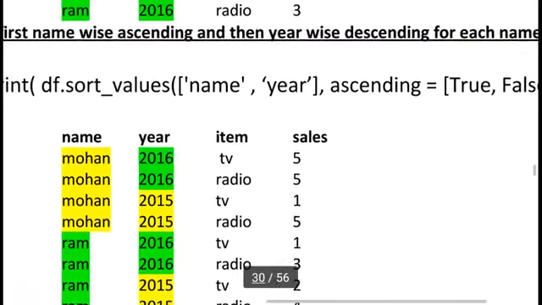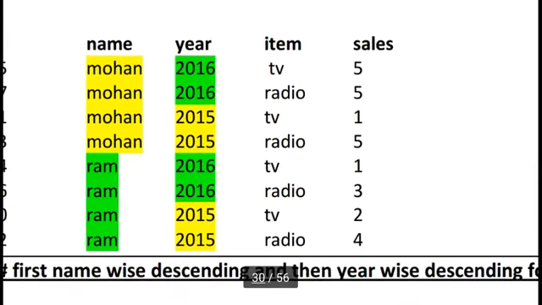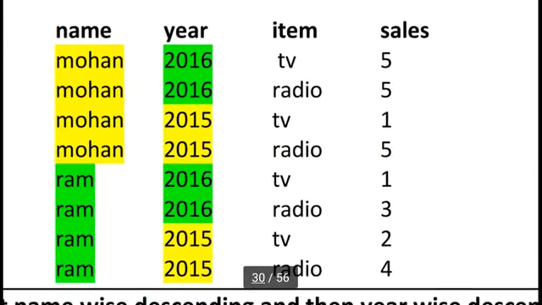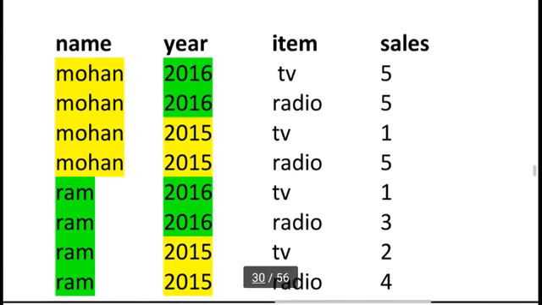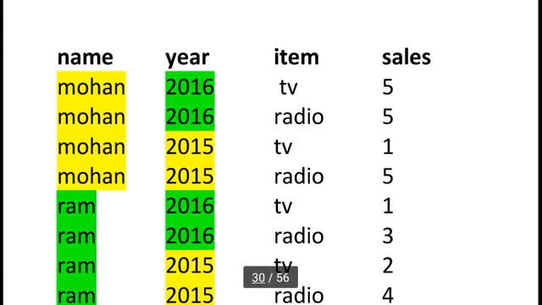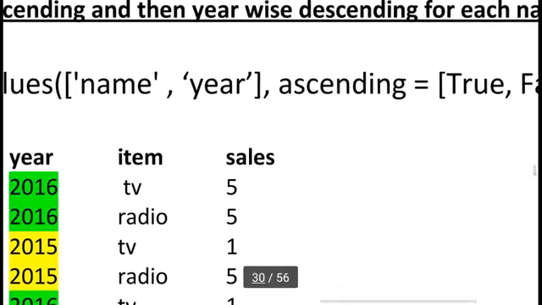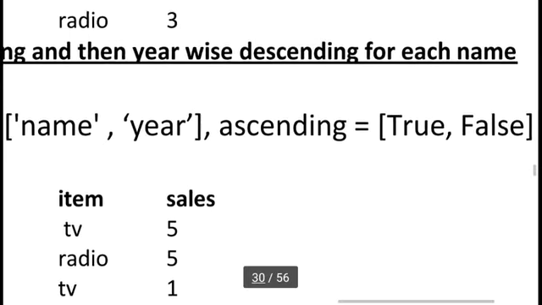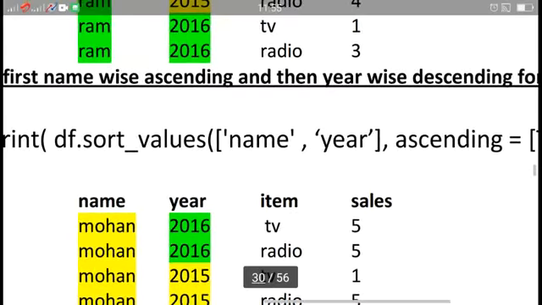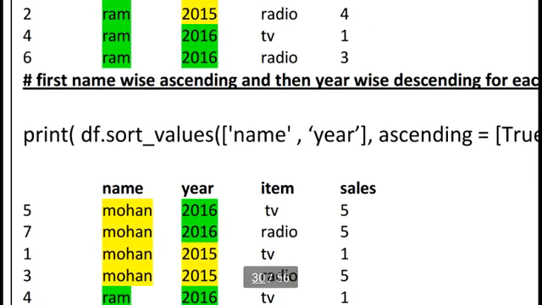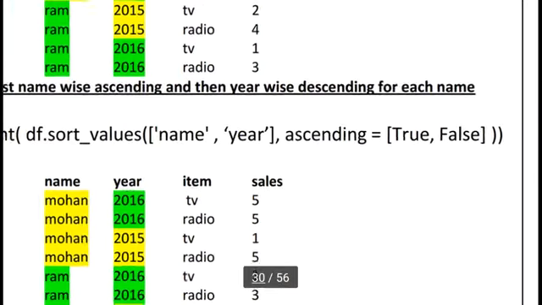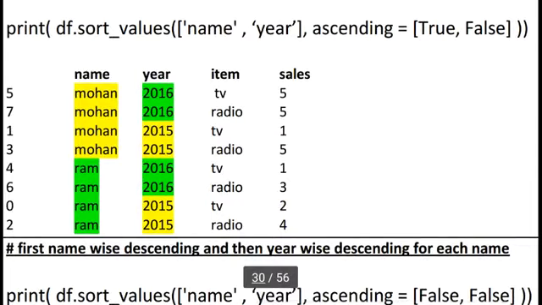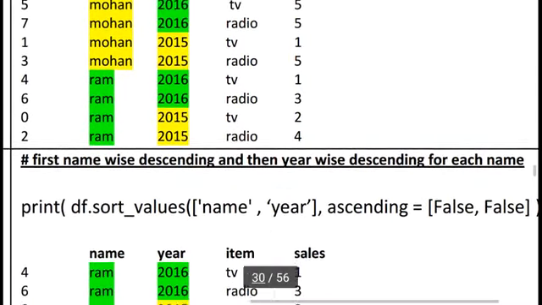So you can see Mohan and Ram, this is in ascending order, but for all the rows of Mohan, again subsorting year-wise descending, because for year I have written false. So respectively we can say first name-wise ascending, then year-wise descending for each name. So we can sort and again subsort another column.